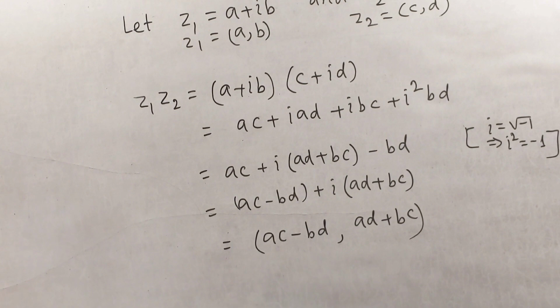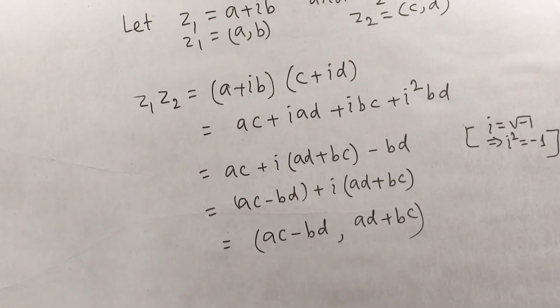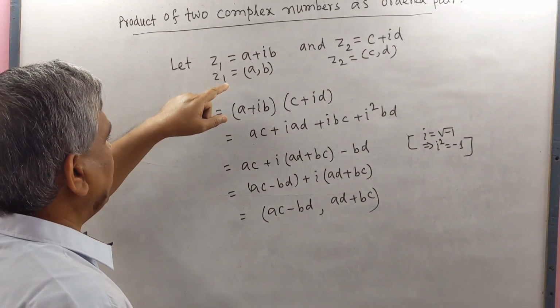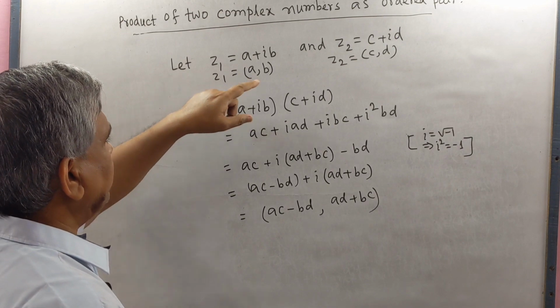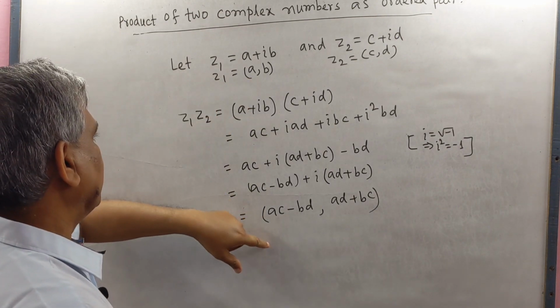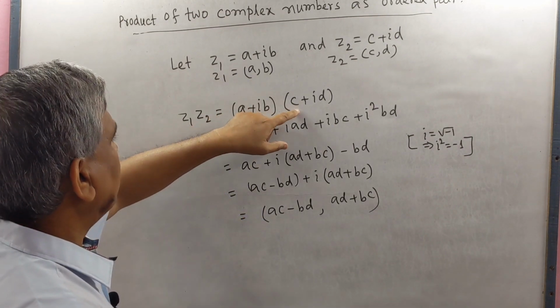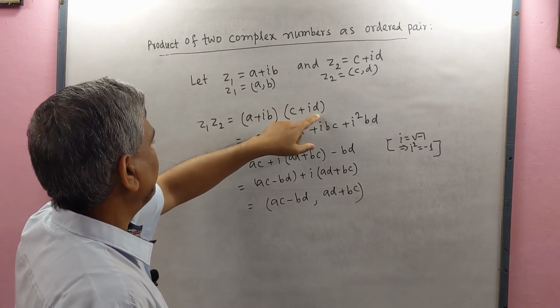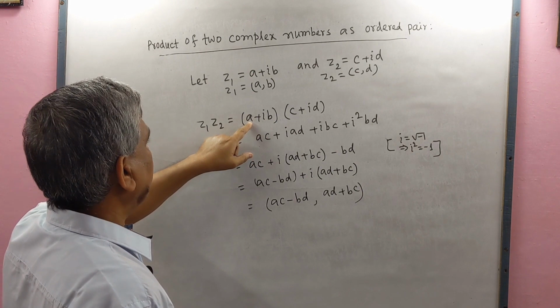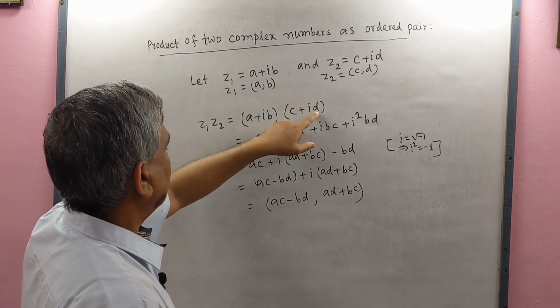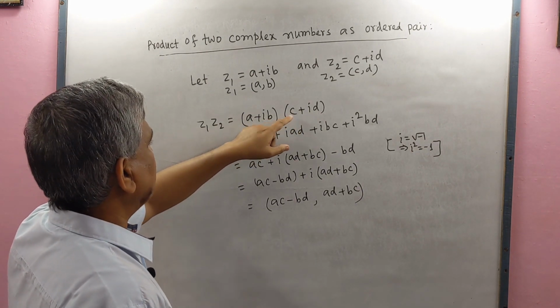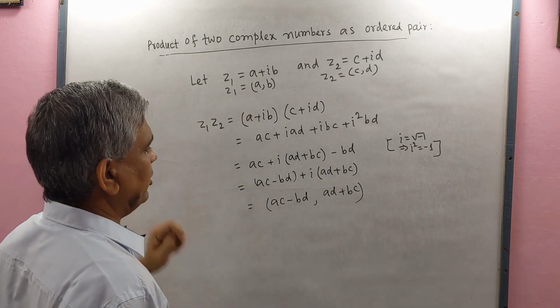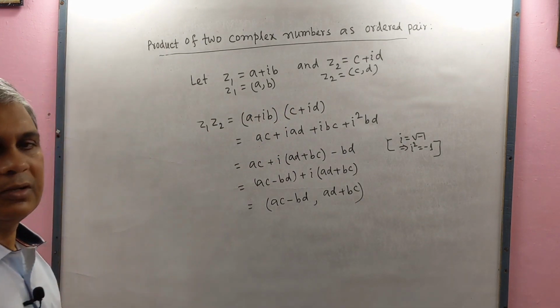We have to remember this formula. The multiplication of z1 and z2 as ordered pair is (ac minus bd, ad plus bc) in this way.